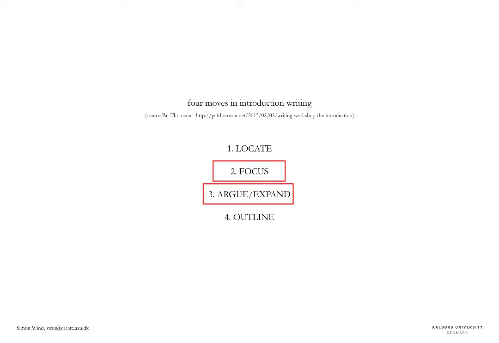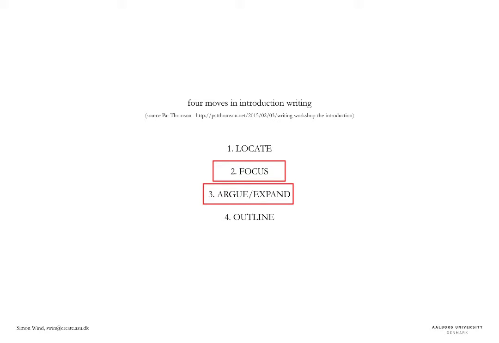However, it is generally the case that the focus of the paper needs to be further explained, and this can be done by saying more about the way in which the contribution has been generated. So here, use the expand part of the introduction to maybe explain a particular method, a sample.